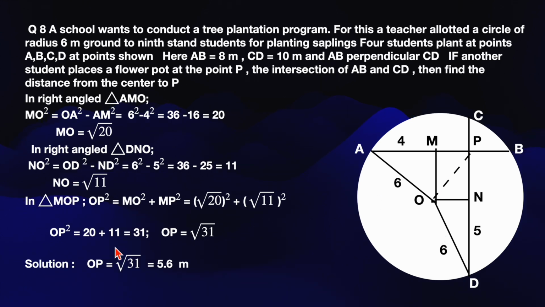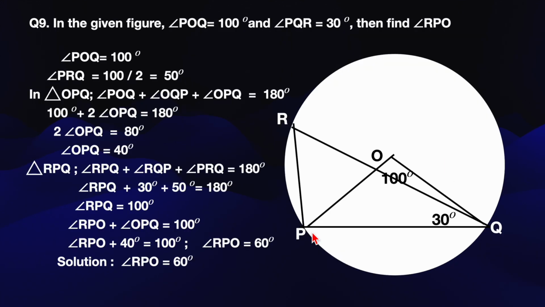Substitute here and simplify it. You get OP square is equal to 31. So OP is equal to square root 31, that is equal to 5.6 meters. So the important thing is that with these statements, you should draw the figure. Once you draw the figure correctly, you can easily take these triangles and apply Pythagoras theorem and solve it.